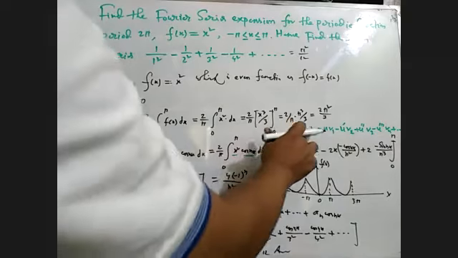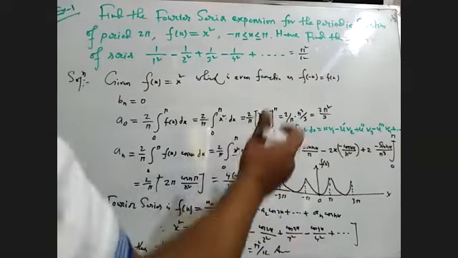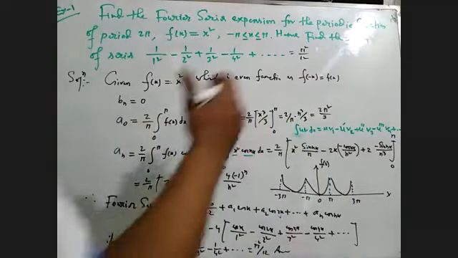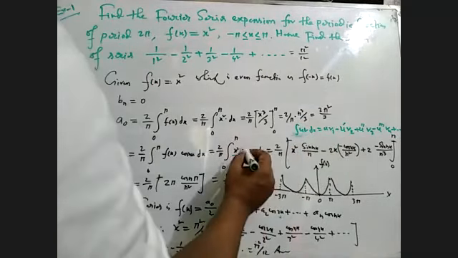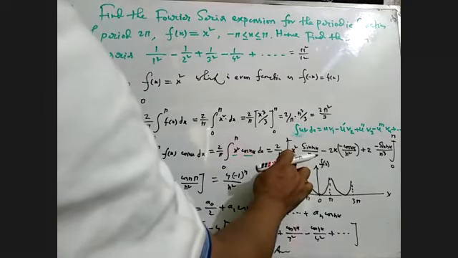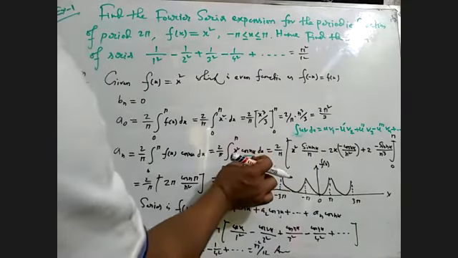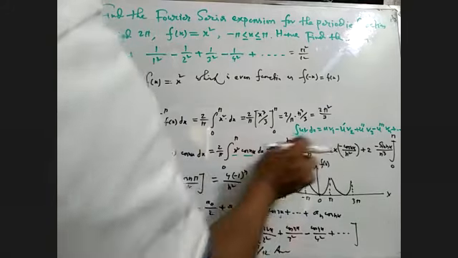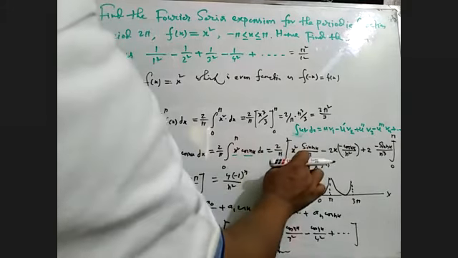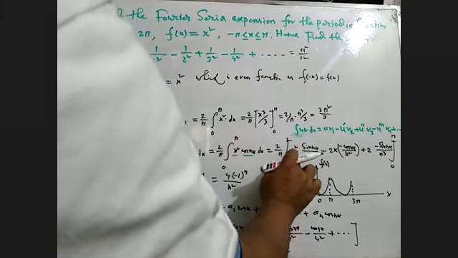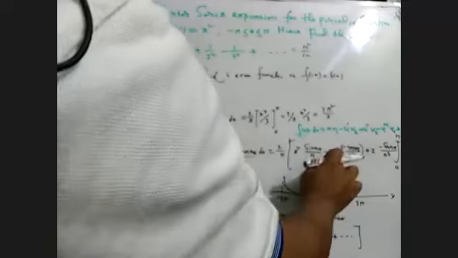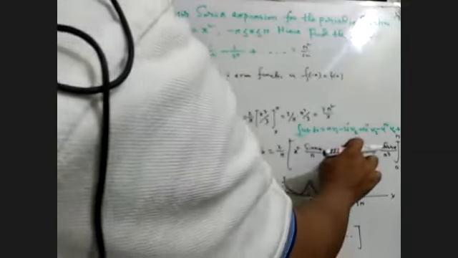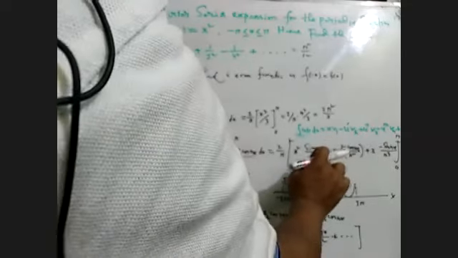This is the formula for the n times differentiation and integration UV process. Suppose u equals x square and v equals cos nx. Then x square, that means u, into the integration of cos nx, which is sin nx divided by the coefficient of x, that is n. Now x square differentiation is twice x, with a minus sign. Twice x into the integration of sin nx, which is minus cos nx, again dividing with the coefficient of x, that means n square.